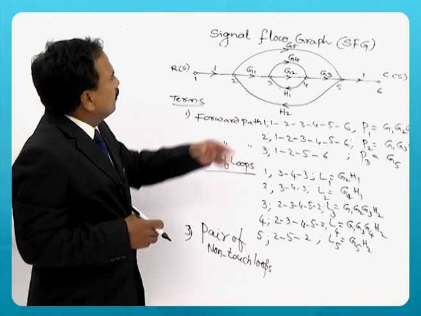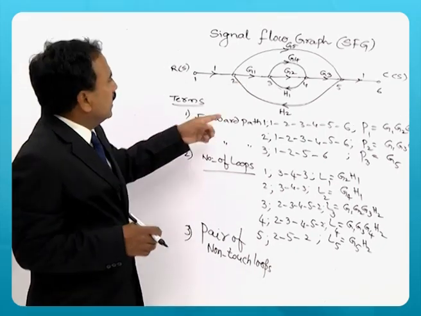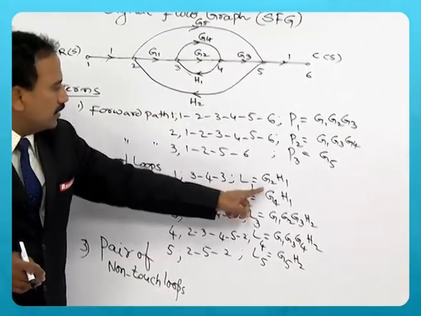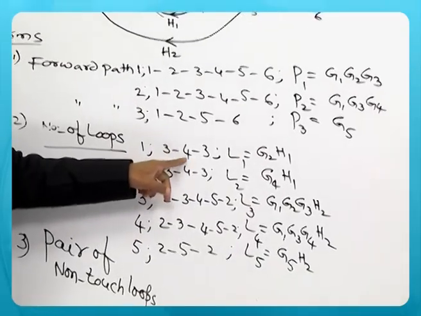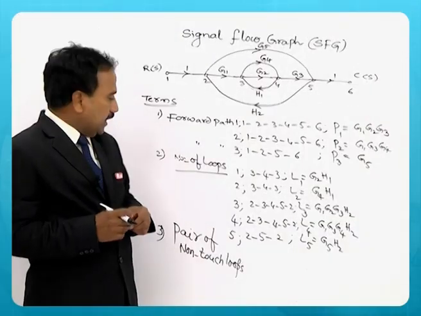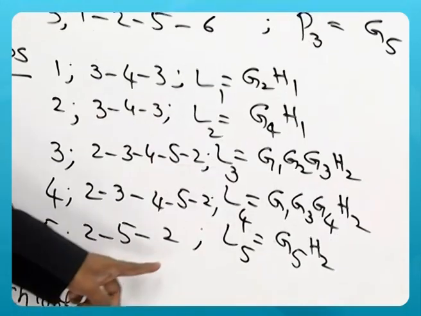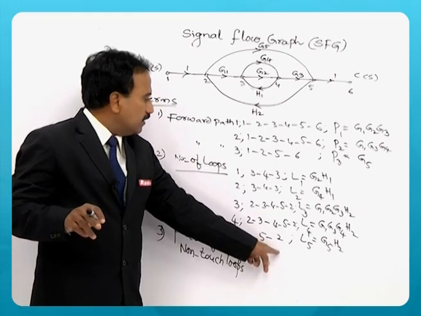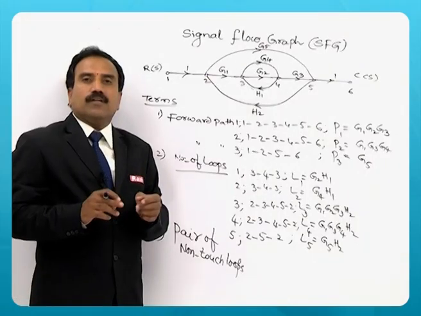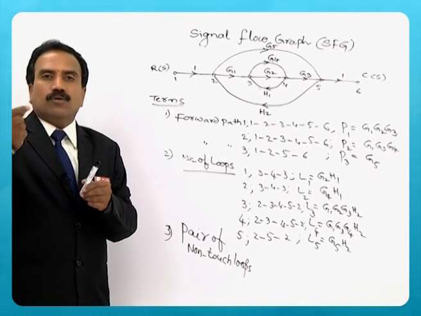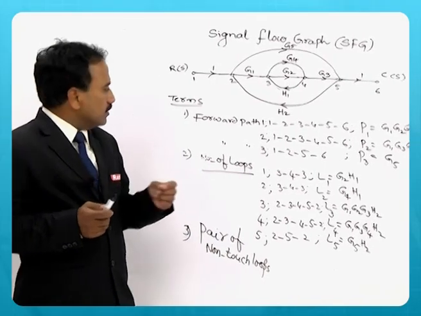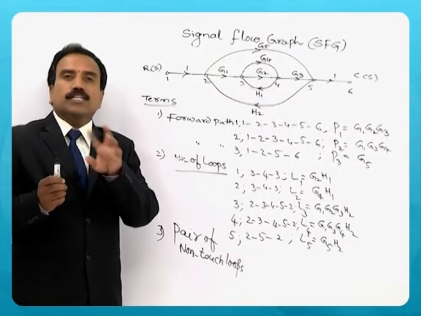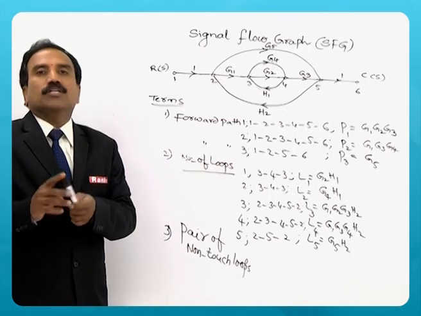For example, from the figure itself it is very clear that this 3, 4, 3 G2 H1, if you see the node numbers 3, 4, 3, and if you see this 2, 5, 2 is not touching with 3, 4, 3. Non-touch means no node should come more than once, no node should repeat in the respective loops, then we say that it is a pair of non-touch loops.